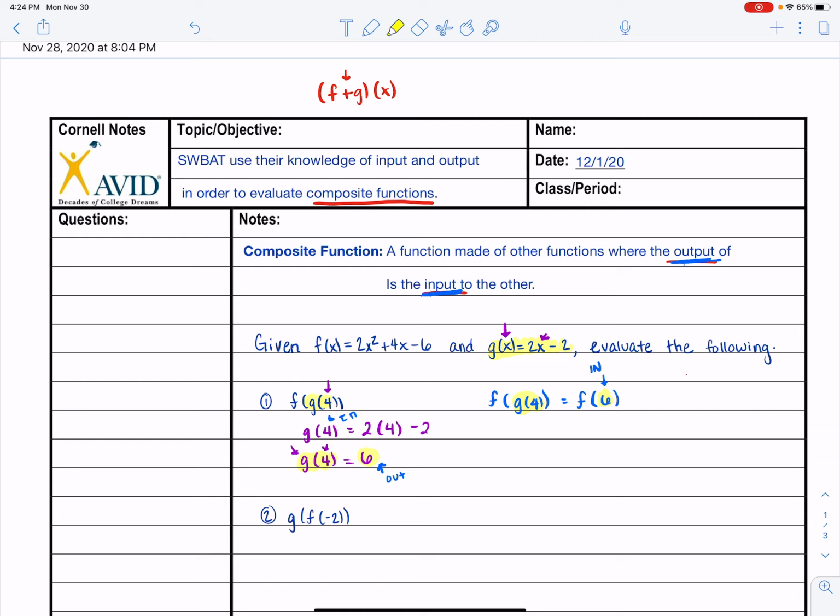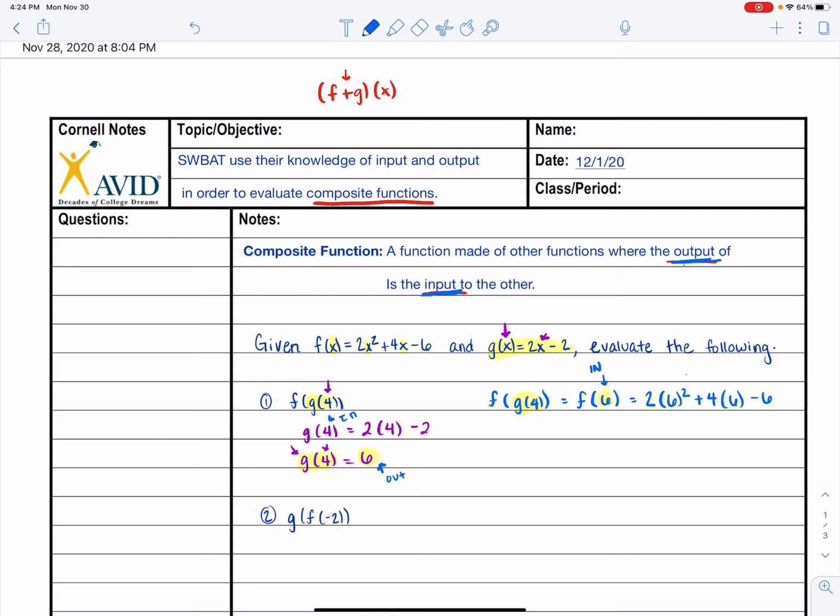So if I want to put 6 inside of f, I'm going to take all the x's out and replace them with 6. So I have 2 instead of x, I have 6 squared, plus 4 instead of x, I have 6, minus 6. So instead of x being the input, 6 is the input.